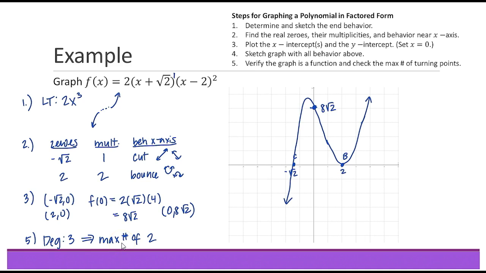That's the most it could have. It doesn't have to have 2, that's the most. Well, it has 2. There's a local maximum here and a local minimum here. So max number of 2, like check. So this is just to make sure we didn't do anything crazy and we satisfied the most amount of turns it could have, or that it didn't go over the most amount of turns.